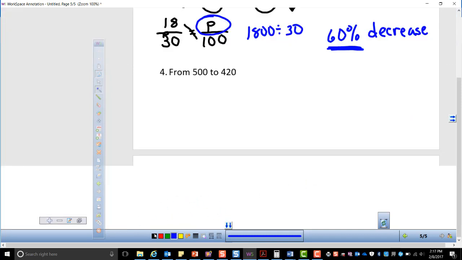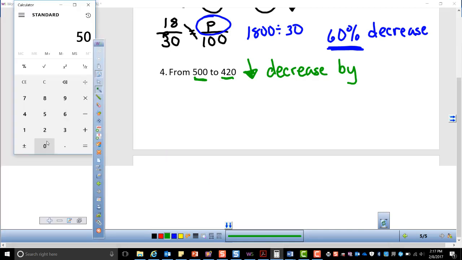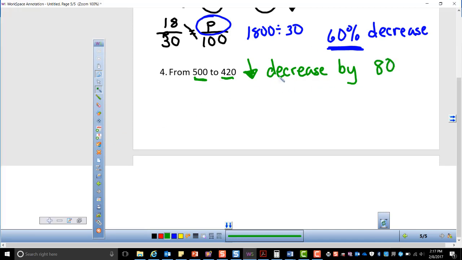All right, let's try number 4. It went from 500 to 420, so that's a decrease. It went down by, how much did it go down? 500 minus 420 is 80. So the change is 80, and you get that by subtracting. So 80 is the change.